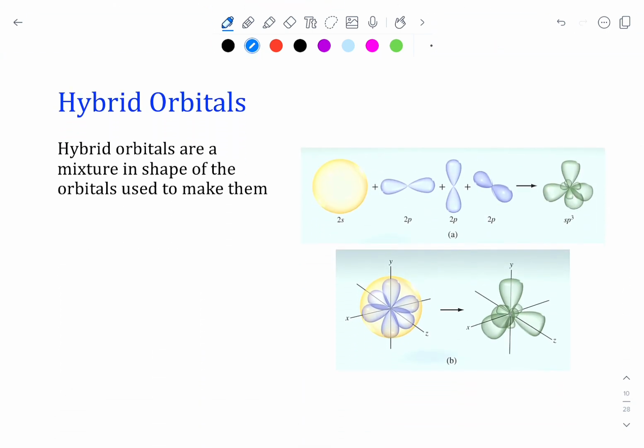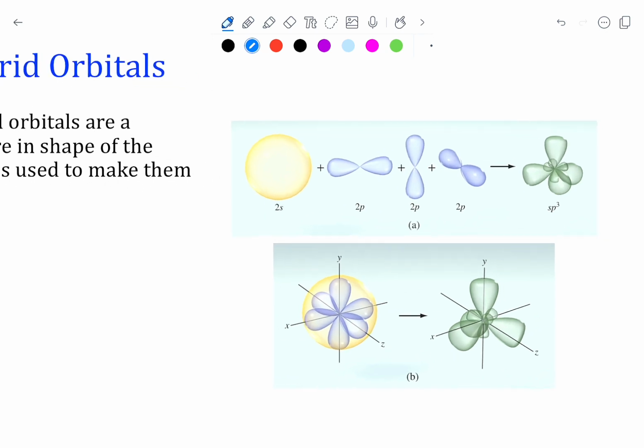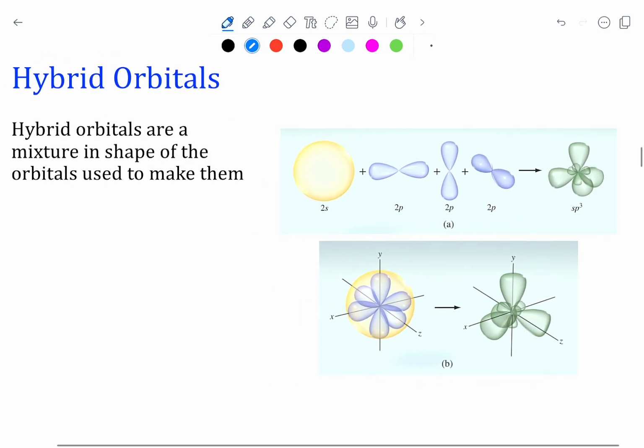So earlier I said that hybridization is when we mix our orbitals together so that they can overlap. So this image shows exactly what that means. Hybrid orbitals are a mixture in shape of the orbitals used to make them. So let's say we have an sp3 hybrid orbital.